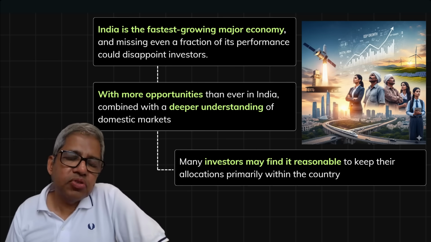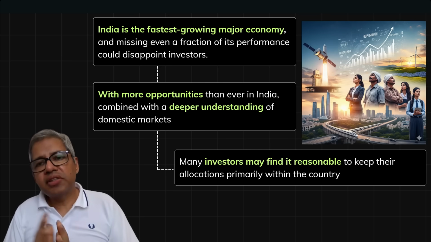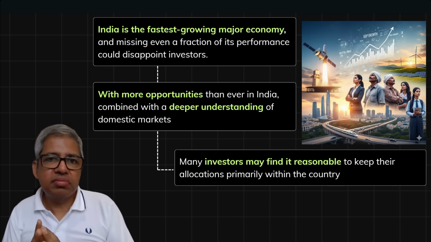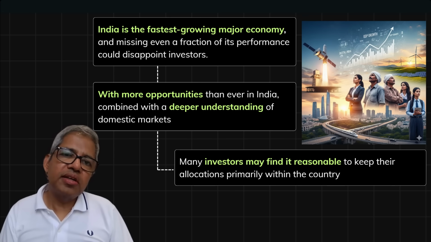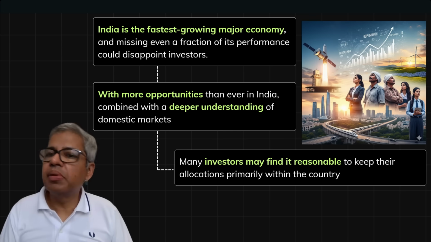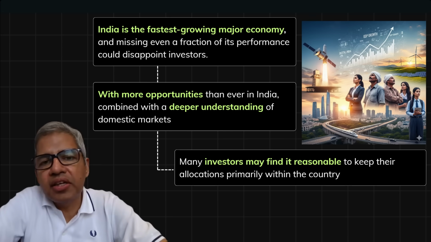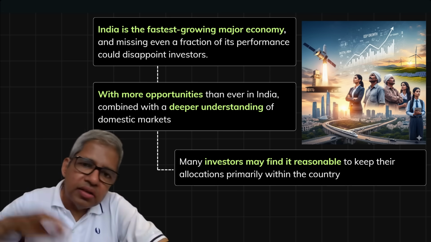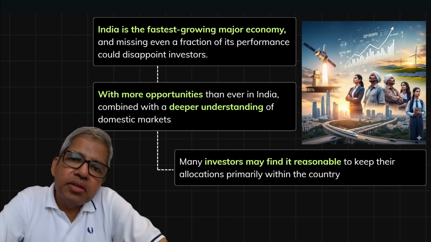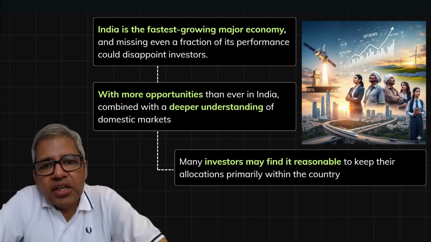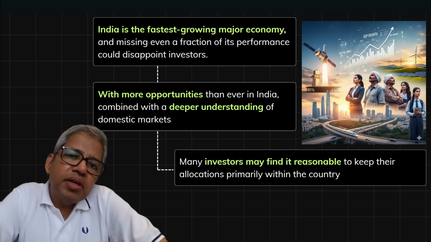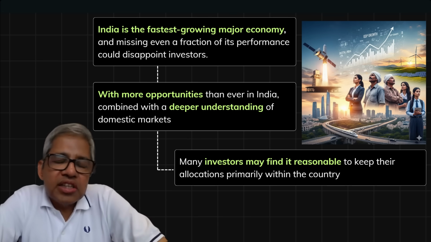The third risk, of course, of investing in the US market is that you may miss out on your home gains. So maybe in the next 20 years, India may do much better than the US market. That is always a possibility. We are the fastest growing major economy, and there may come a decade where we get a complete euphoria of an exponential curve going up. So with more and more opportunities in India, combined with a deeper understanding of domestic markets, perhaps investing in the Indian market itself is good enough.